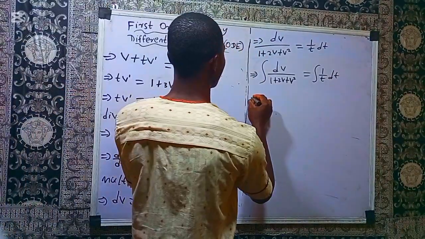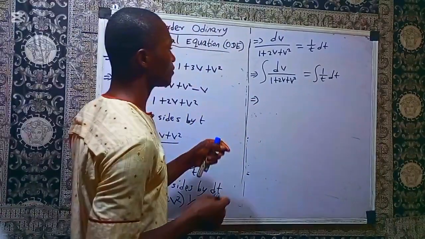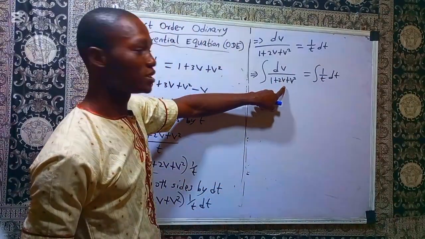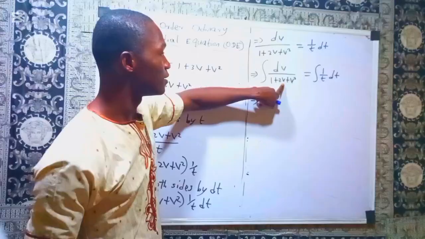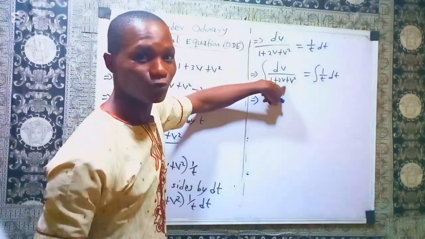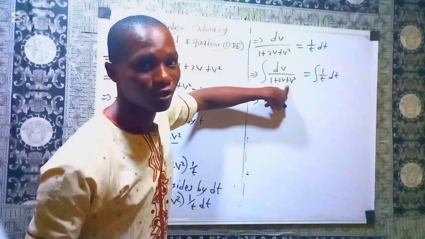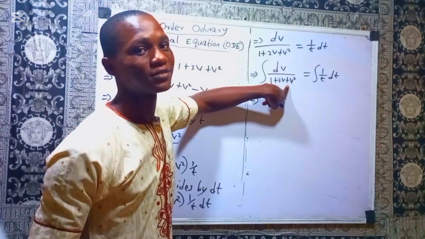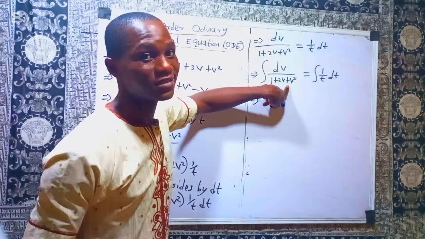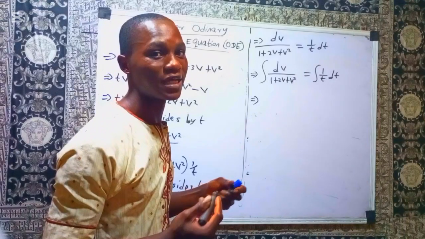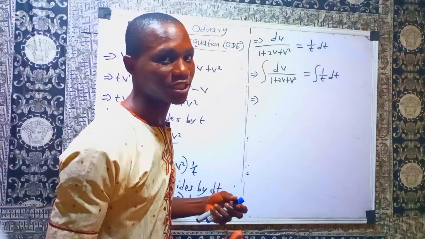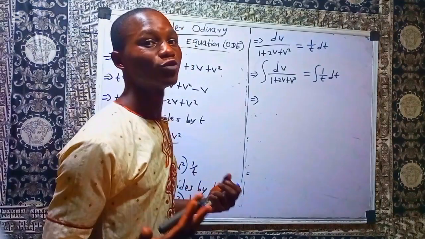Now what do you notice at the denominator here, if you want to integrate this? You are having a quadratic expression. So you can factorize it. If it is an expression you can split into partial fractions, you do that so that you'll be able to integrate.